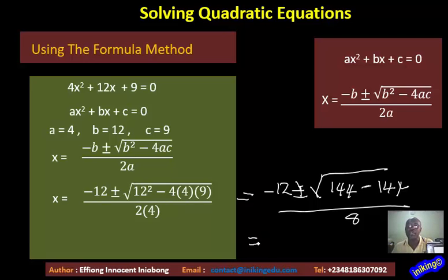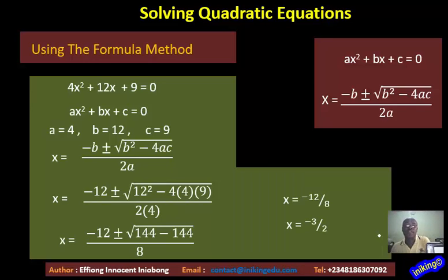So you're going to obtain minus 12 all divided by 8, and that should give us minus 3 over 2. Now remember we had the same answer earlier on, where we had minus 3 over 2 twice. So here we have it: x is equal to minus 3 over 2.